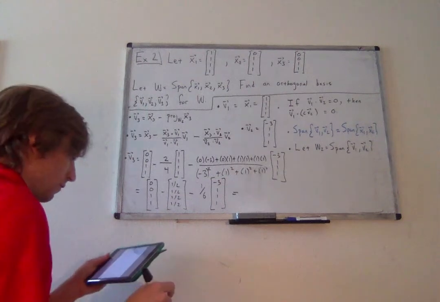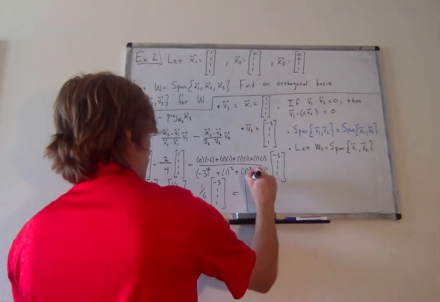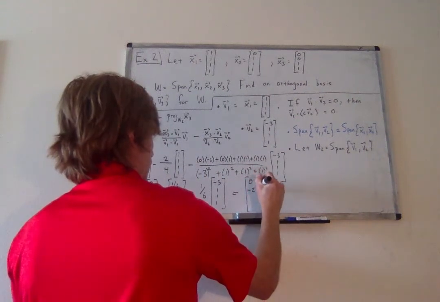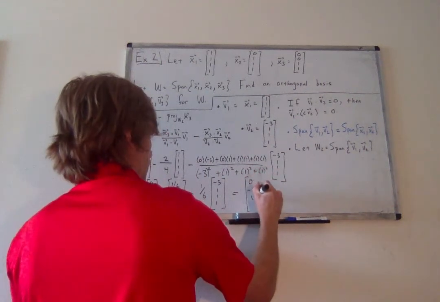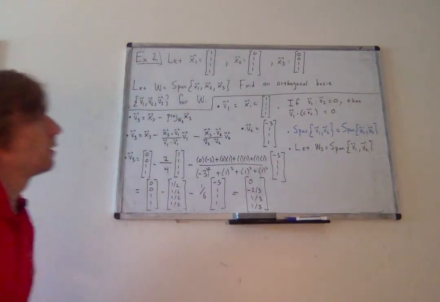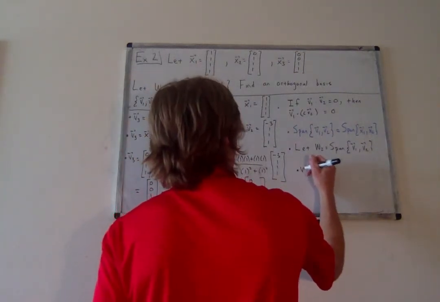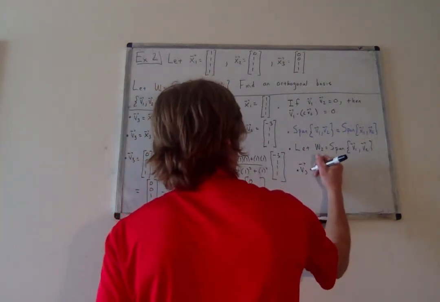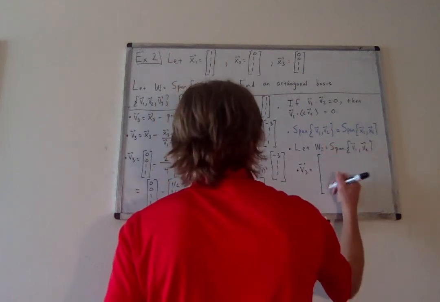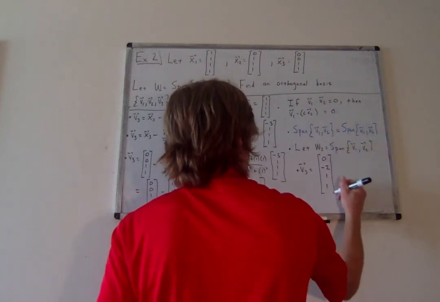And doing all of this vector arithmetic, you should get that this is equal to the vector 0, negative 2/3, 1/3, 1/3. And so, again, because maybe I don't like fractions, I can take any scalar multiple of that vector, and I'll let my last vector be 0, negative 2, 1, 1.